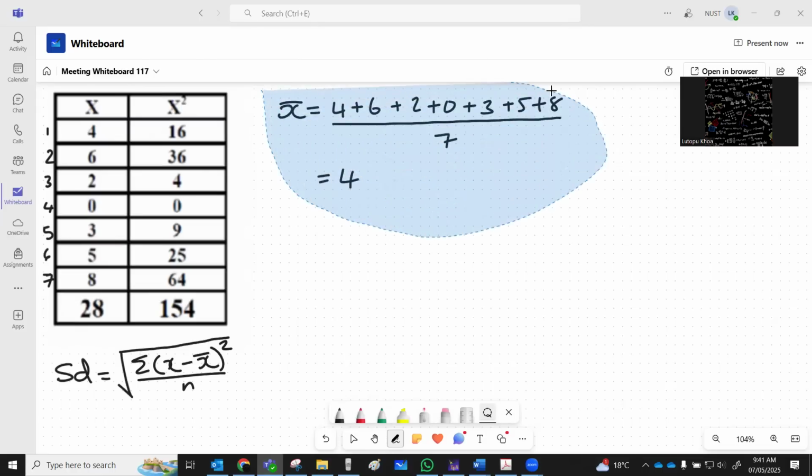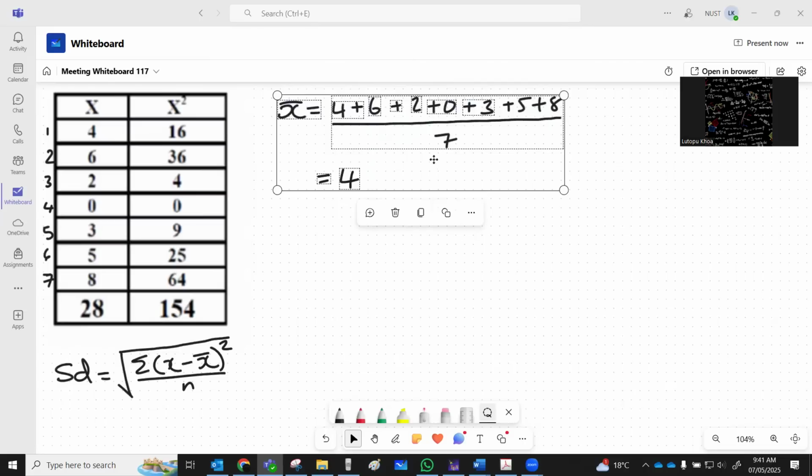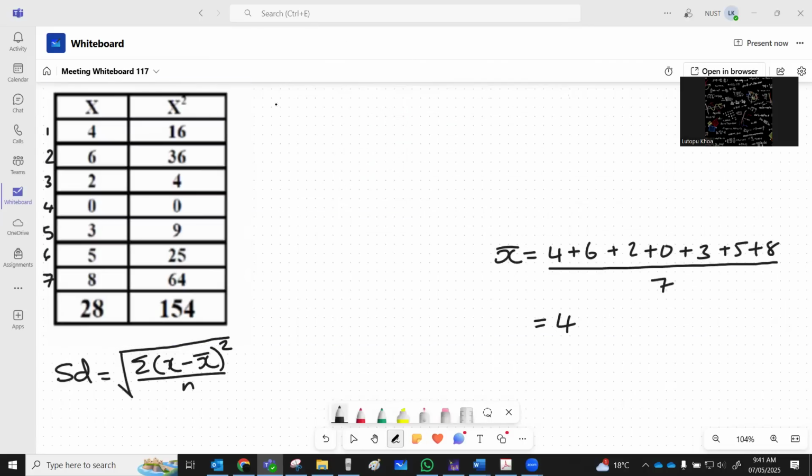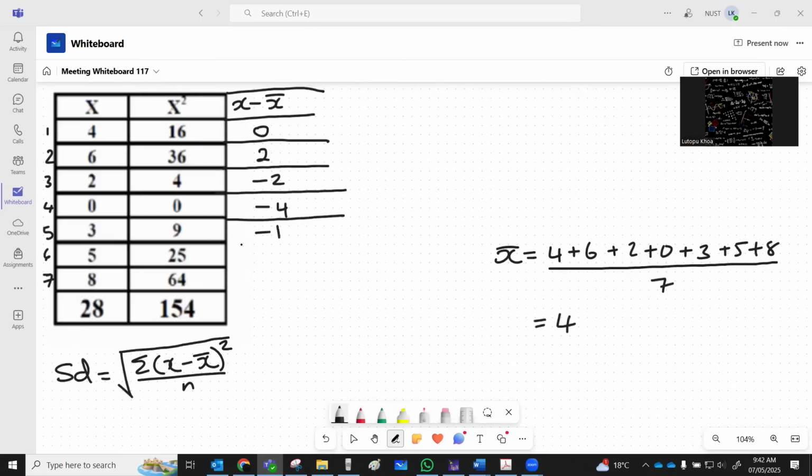So we say 4 minus 4 is 0. 6 minus 4 is 2. 2 minus 4 is negative 2. 0 minus 4 is negative 4. 3 minus 4 is negative 1. 5 minus 4 is positive 1. 8 minus 4 is 4.